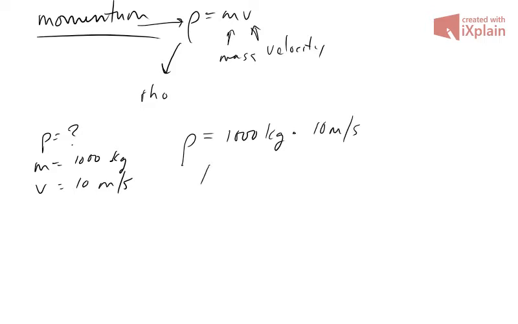And so you get 10,000 kilograms times meters per second. Now, the one difference here is that whereas with newtons, kilograms times meter over second squared equals a newton, this you just leave as is. So that problem is complete.